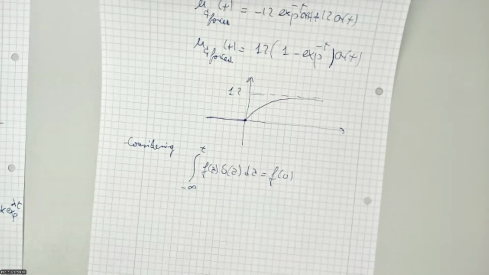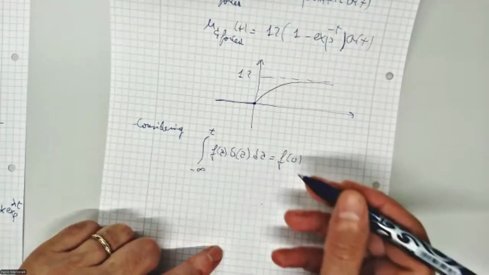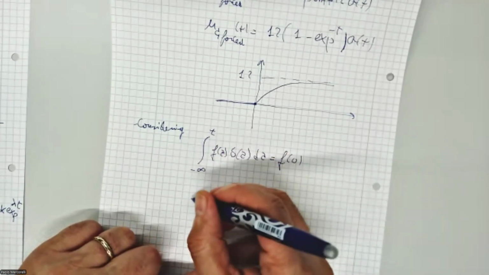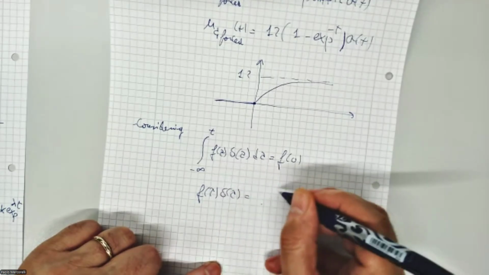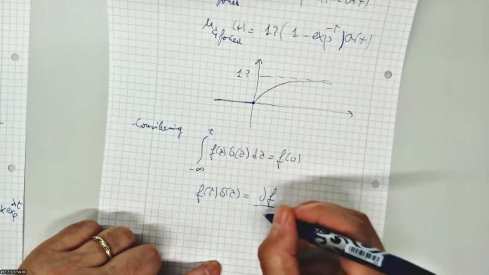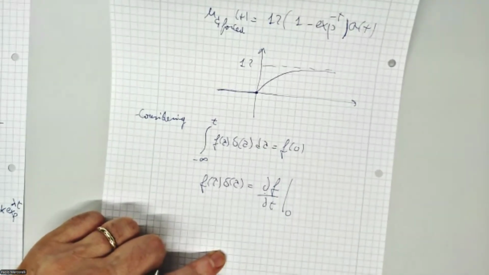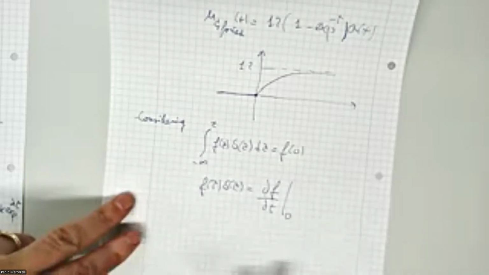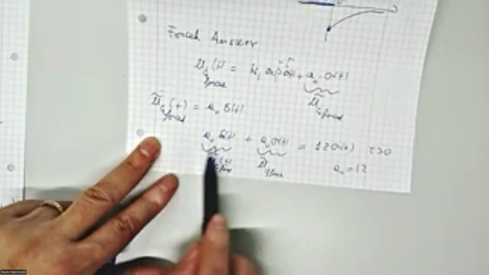Now the minus is a little bit complicated at this moment to explain why in the derivatives it is minus, but at this moment, believe me, this means the derivative of this, as before, is equal to the derivative of f with respect to time, calculated as 0. This justifies why this equation here is valid also at time 0, because this product is 0.